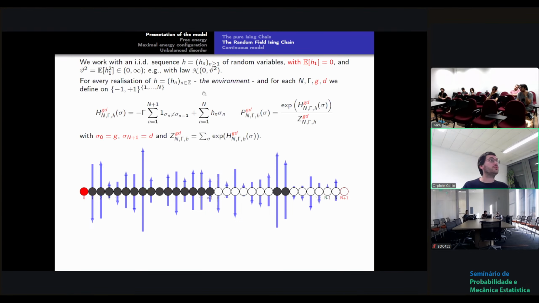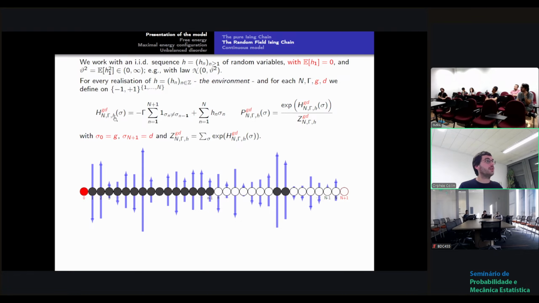Now, for every realization of this sequence, which is called the environment, and for every parameter, we are going to define a new Gibbs measure by adding to the Hamiltonian an interaction term. So the configuration sigma will interact with the external field, this term.